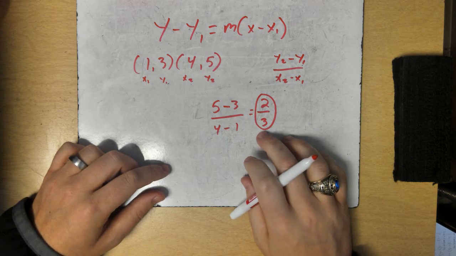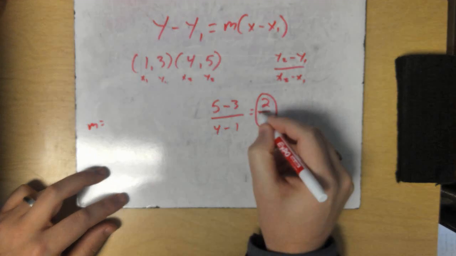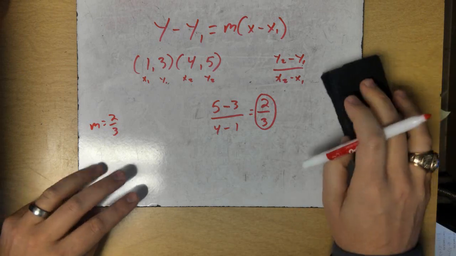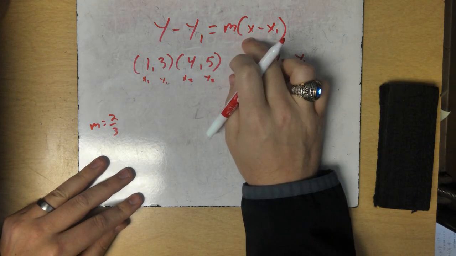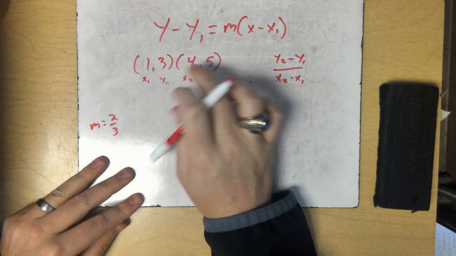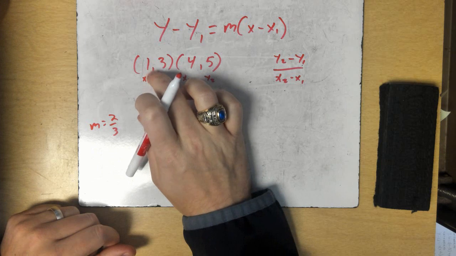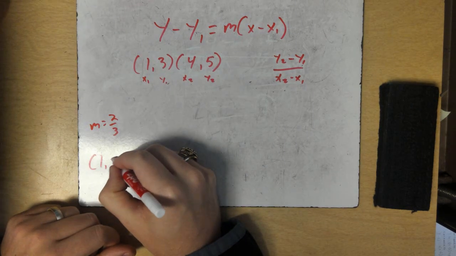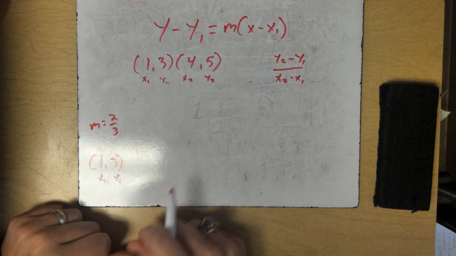So now that we found our slope, we know our m is 2/3. Now, in order to plug it into our equation up here, we have to pick a point. Doesn't matter which point you want to pick. Pick either one. I'll go ahead and pick the first one, 1, 3. So I know our point is 1, 3, and we know this is x1 and y1.